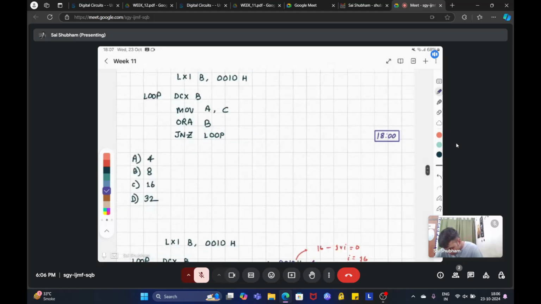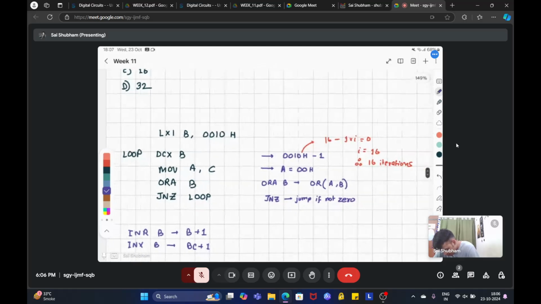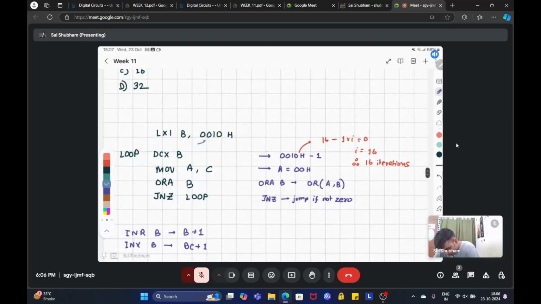Okay. So now here you have set some value in B. Now this is basically your BC pair. Fine.